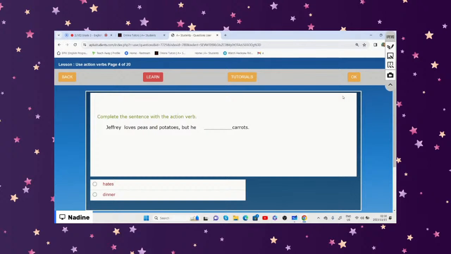Jeffrey loves peas and potatoes, but do we say he hates or he dinner carrots? He hates or dinners carrots. Jeffrey loves, listen to the word love, right?